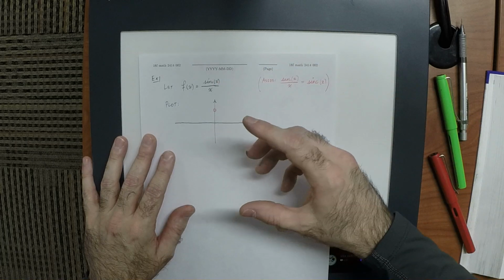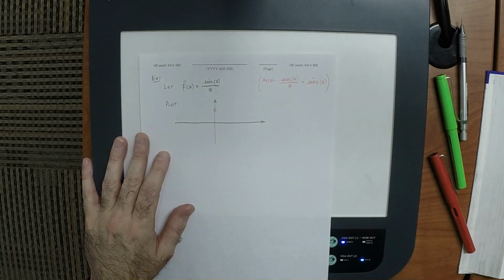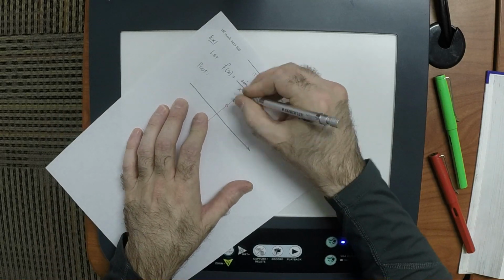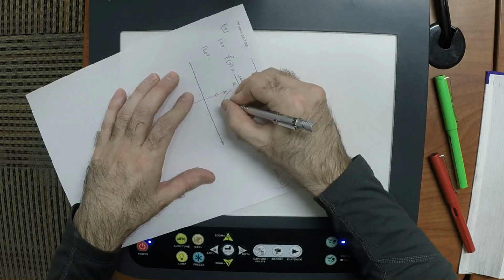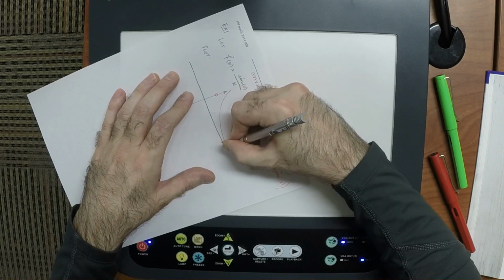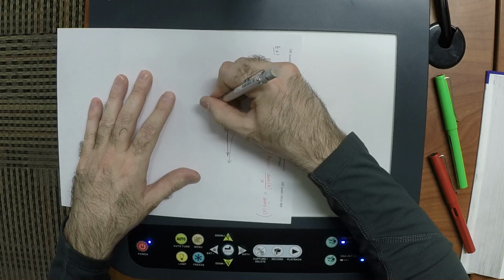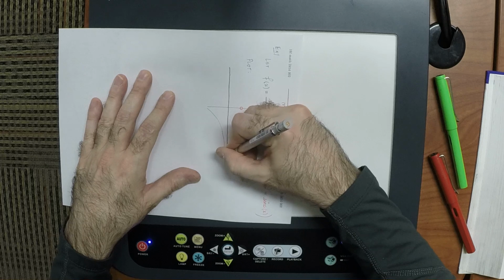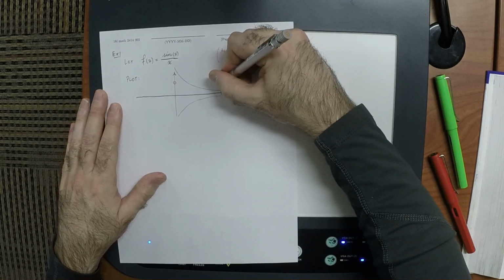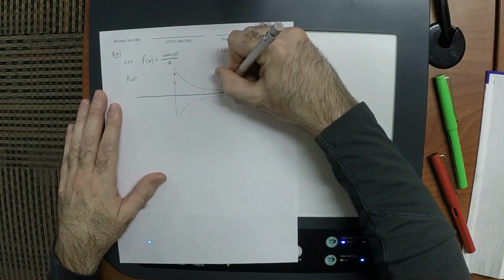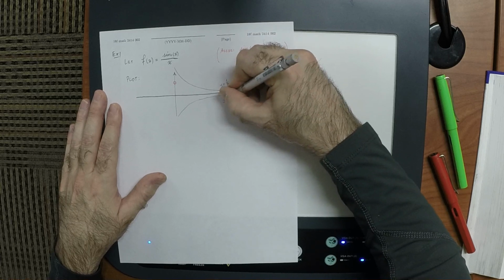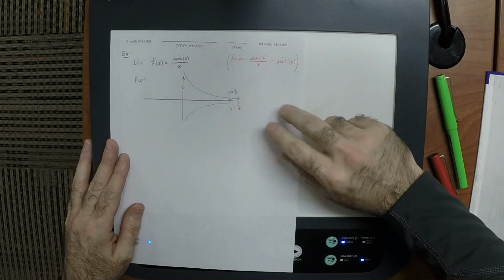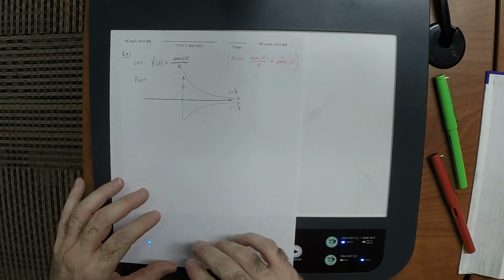Specifically, if I plot 1 over x, and I also plot -1 over x, then I can't ever get outside of those, right?